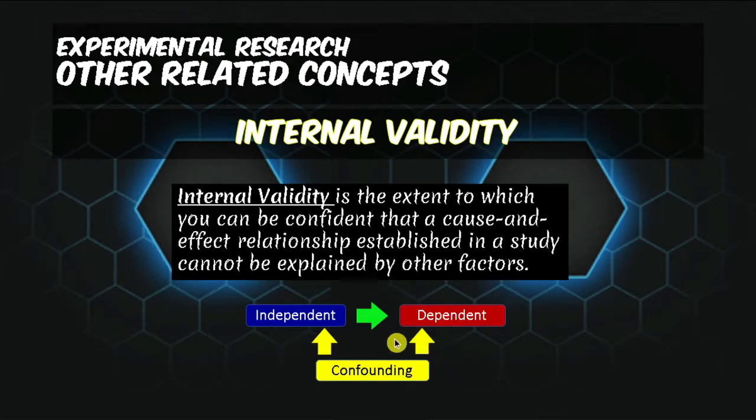But we also mentioned that sometimes outside variables such as confounding variables may influence the dependent variable. If we are not able to control our confounding variables, and they are causing changes in our dependent variable, then in the end we cannot really say why the dependent variable is changing.